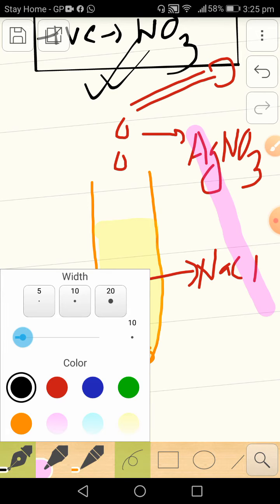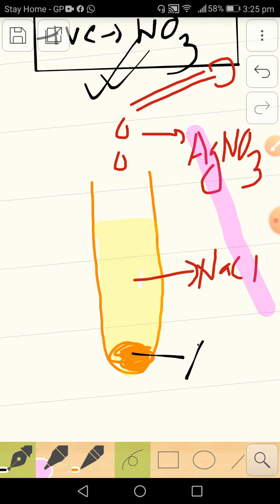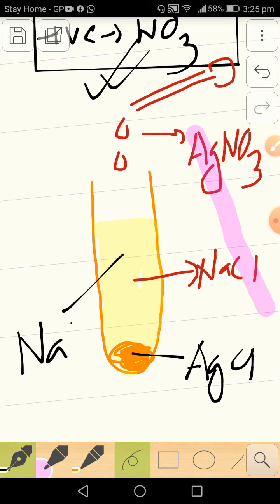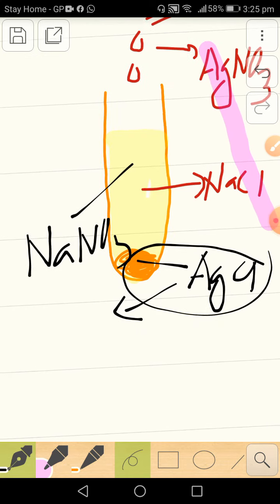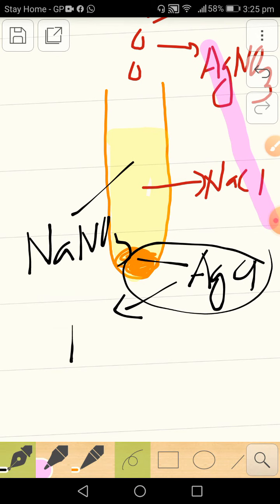So this is silver chloride, and the top solution is sodium nitrate. To collect the silver chloride we will just do filtration and drying. That would be enough. So that's how to produce the insoluble salt.